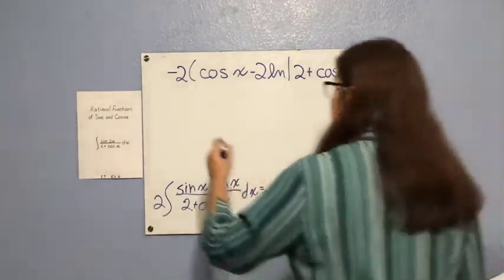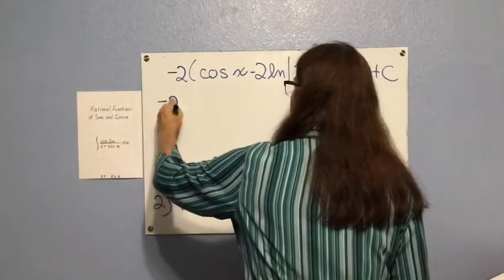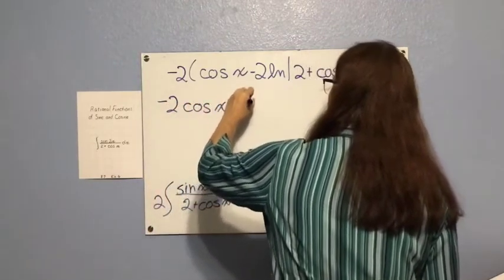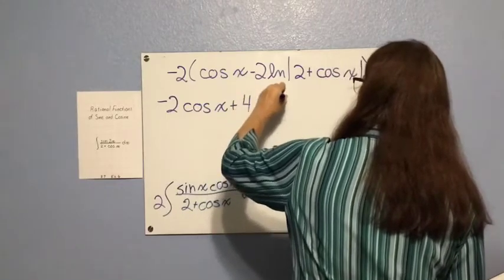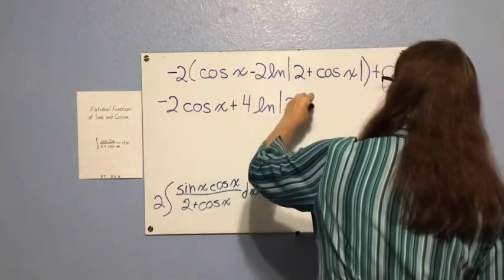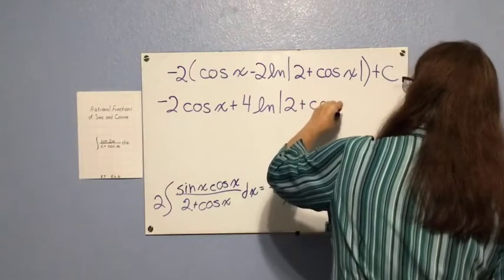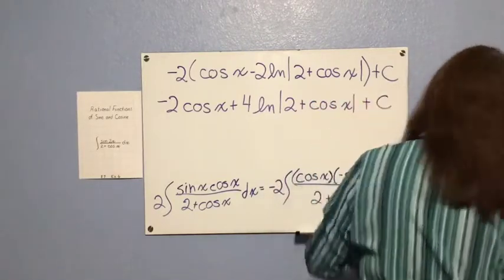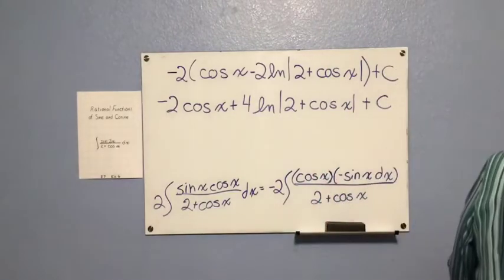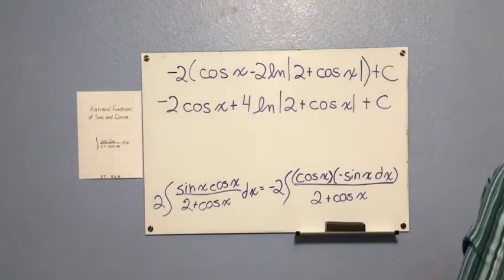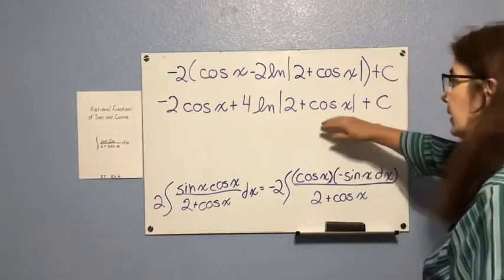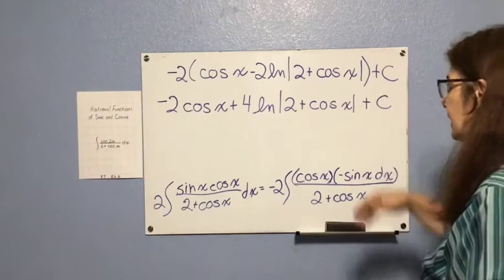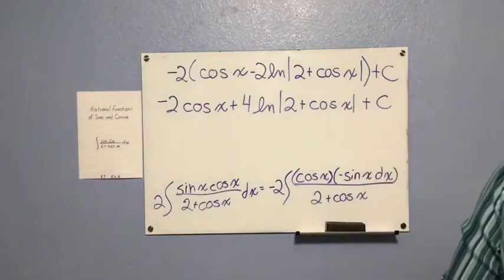Distributing the negative 2, we get negative 2 cosine x plus 4 natural log 2 plus cosine x plus a constant. Okay, this example dealt with a rational expression that had sine and cosine in it.